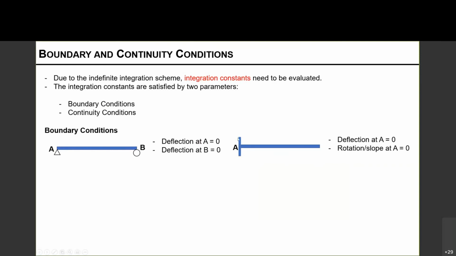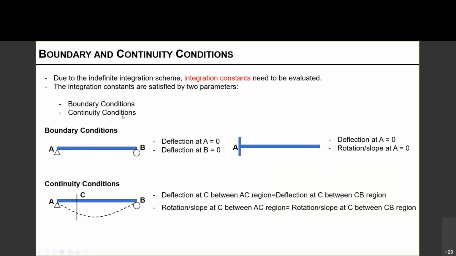Since this support is fixed, rotation is not allowed. Therefore, the rotation or the slope at A is equal to 0. So those are the boundary conditions that we can assign for these two types of beams. What about the continuity conditions?